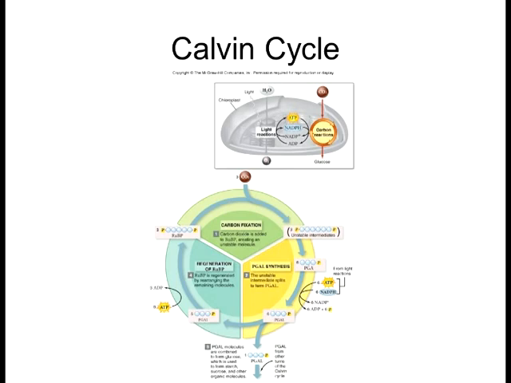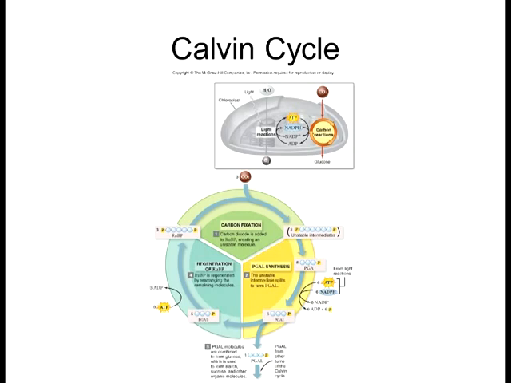That's carbon fixation. The next step is what we call PGAL synthesis. Well, these are unenergized carbons. So the ATP and the NADPH from the light reactions come in here and give their energy to these carbons.